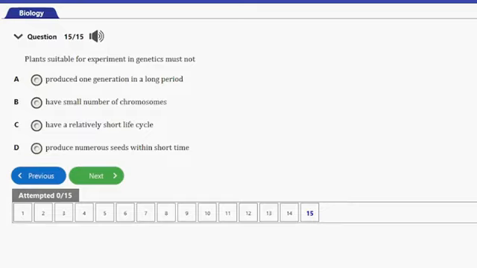So we actually need to get the first filial, the second filial generation, and if the plants take so much long time to produce a generation, we will spend so much time trying to obtain these, and that's not necessary in some cases. So the actual answer to this question is option A, and that's the plants suitable for experimenting genetics must not produce one generation in a long period.